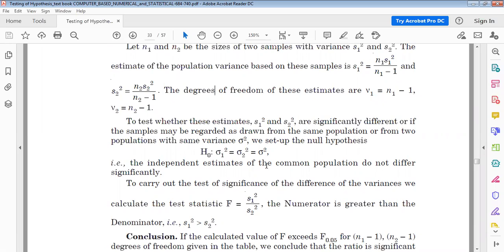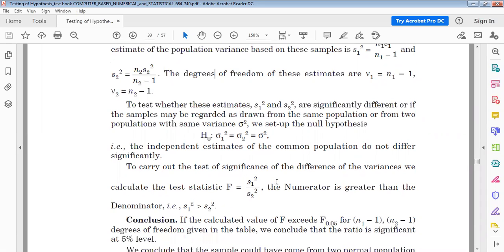To carry out the test of significance of the difference of the variances, we calculate the F test statistic, capital F, equal to s1 square divided by s2 square, this ratio, where the numerator must be greater than the denominator.